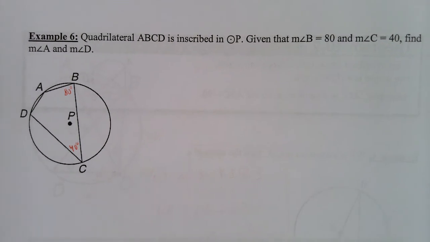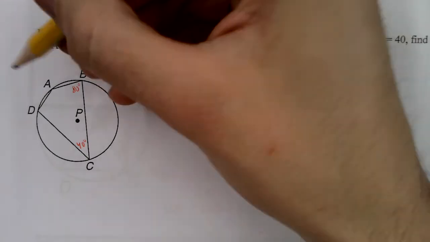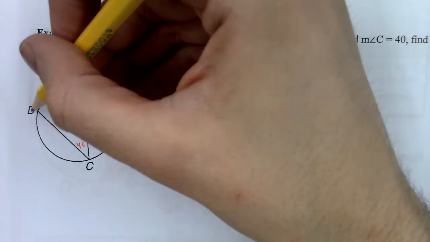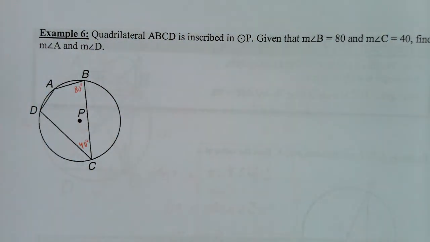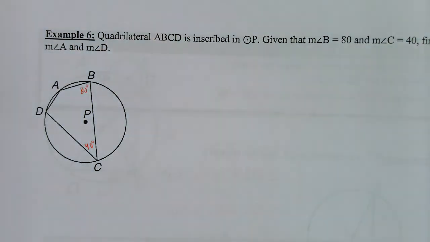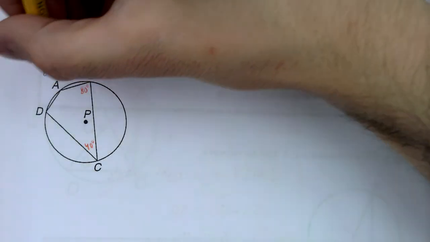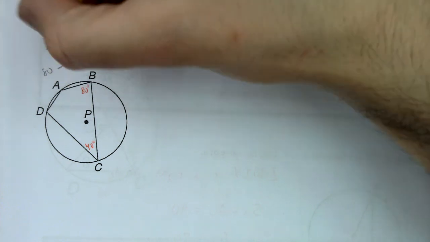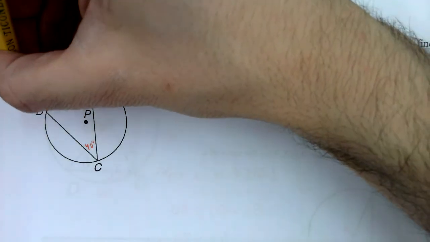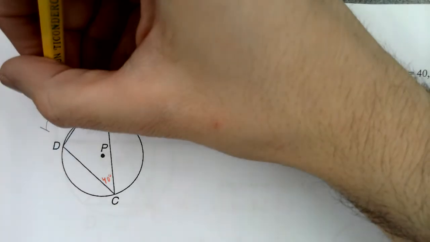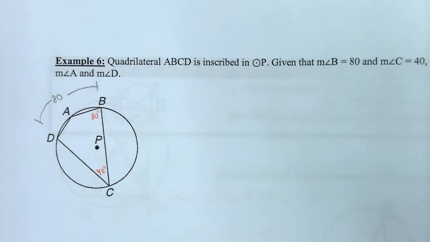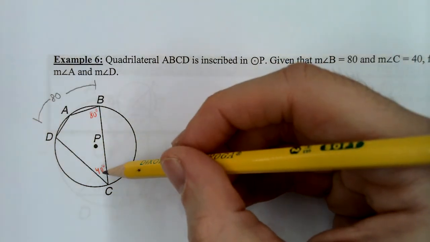Check this out. What's the measure of arc DB? DB has to be 80, right? Because this is the inscribed angle.